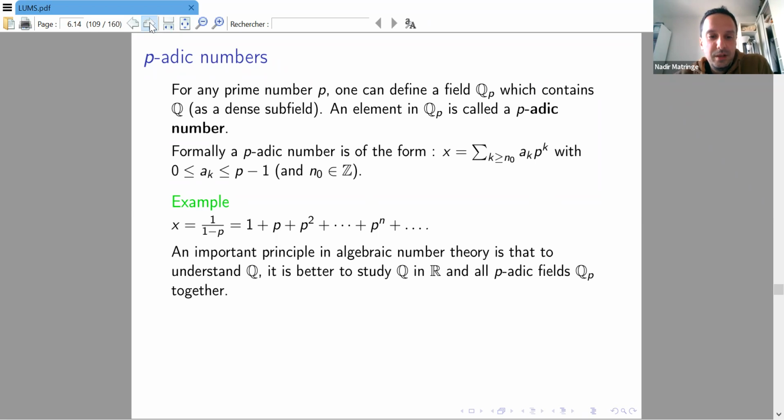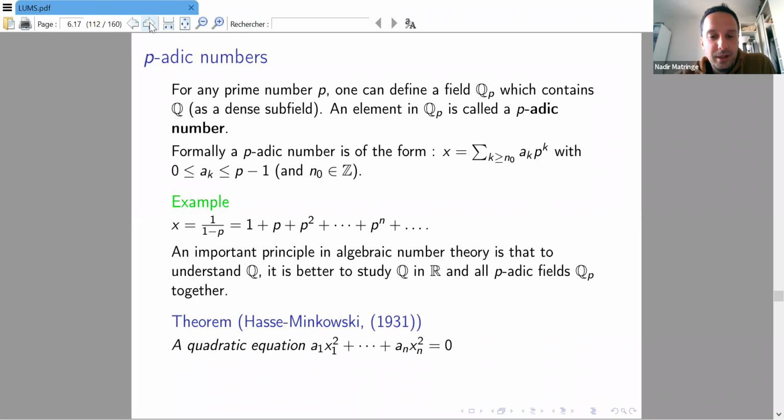So let me give you an example of this local-global principle. This is called the local-global principle. So suppose that you have a quadratic equation in n variables. So say it's of this form. I always put it under this form in any case.